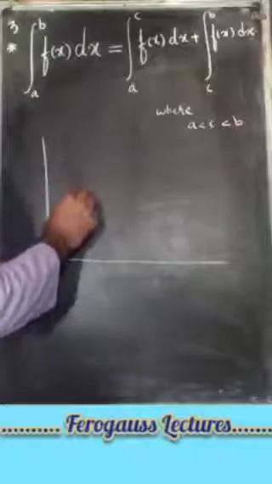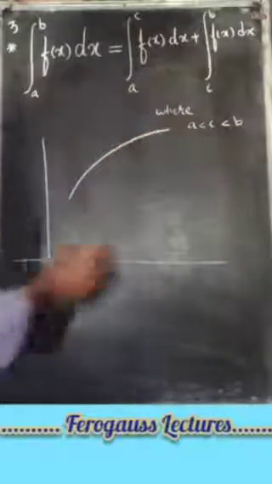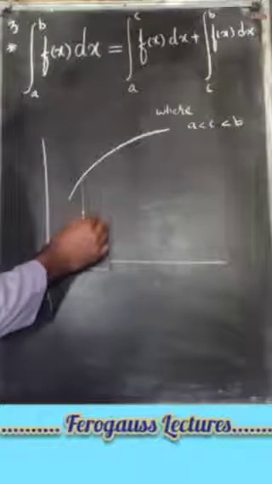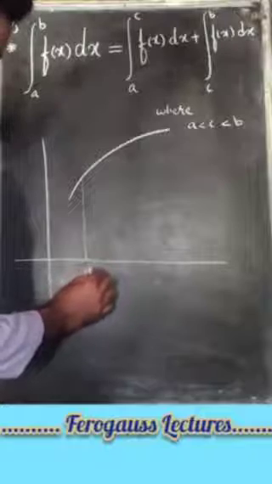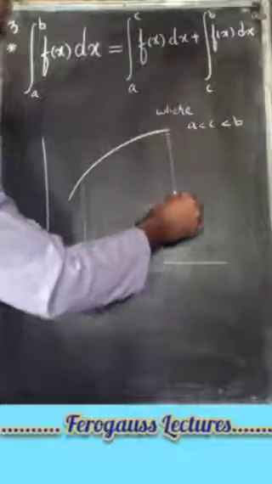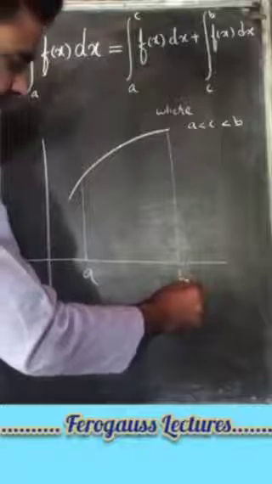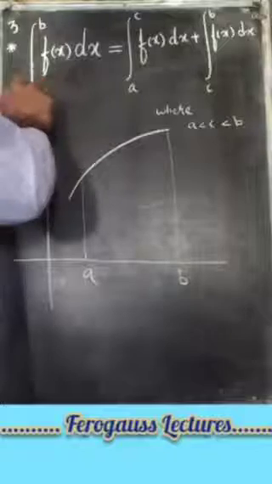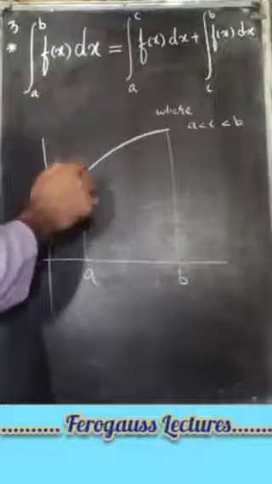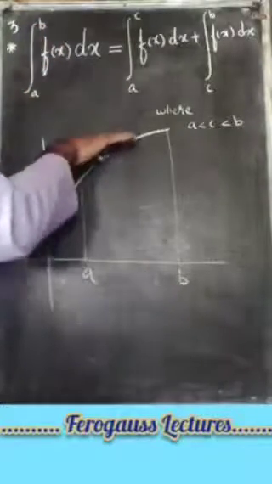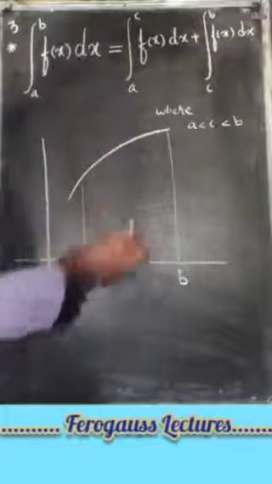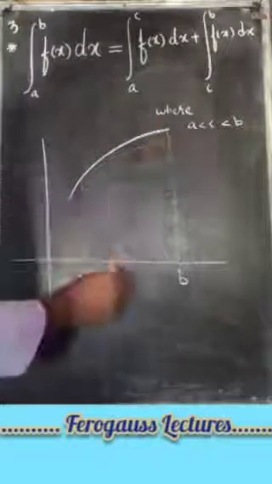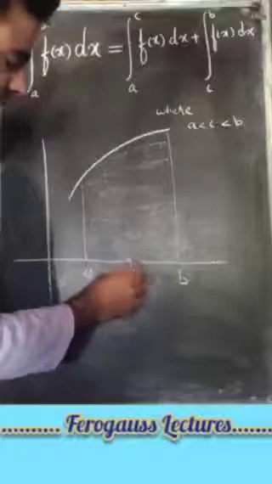If this curve represents the graph of the function f(x), and let this be point a here and this be point b, then the definite integral a to b f(x) dx is the area under this curve between points a and b. That means this area. And let c be a point between a and b.